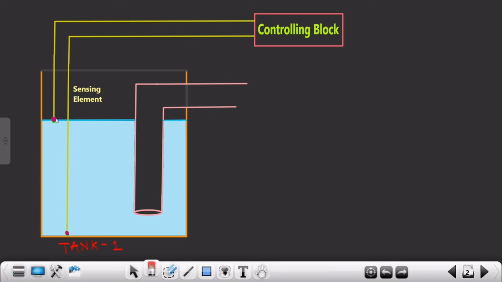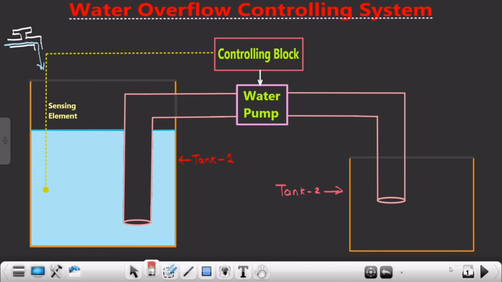You can place this wire anywhere. If you want, you can place it over here, over here, over here. But make sure you don't place it over here, because if this controlling block gives some delay, there is a high chance that the water may overflow, and then the water pump will suck the water.